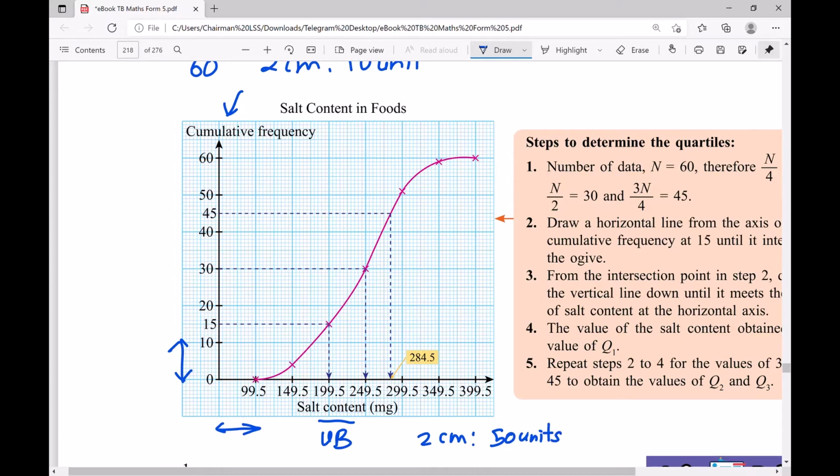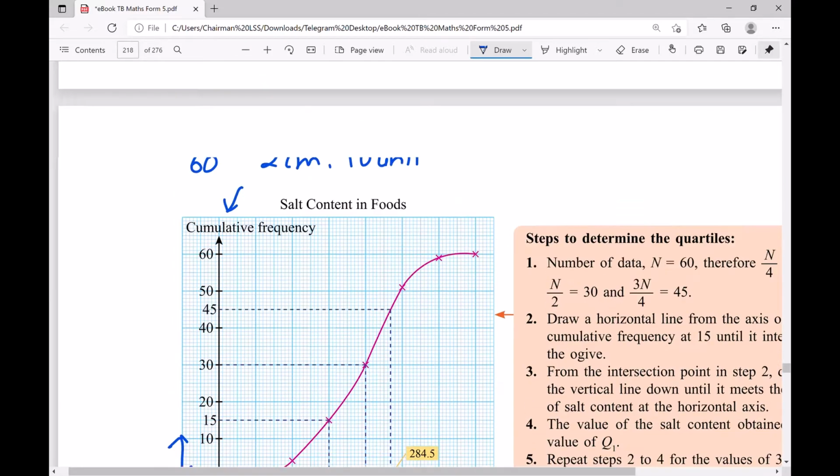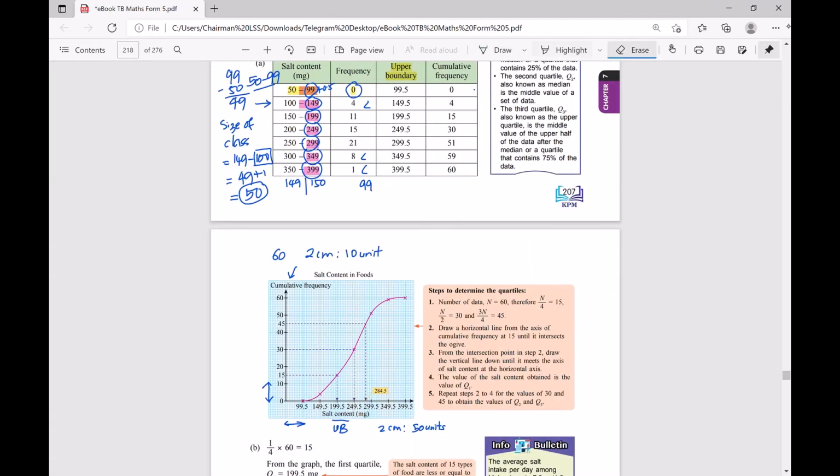You will start with your upper boundary number 1. This is your first point here with 0 frequency, and you leave one space here.